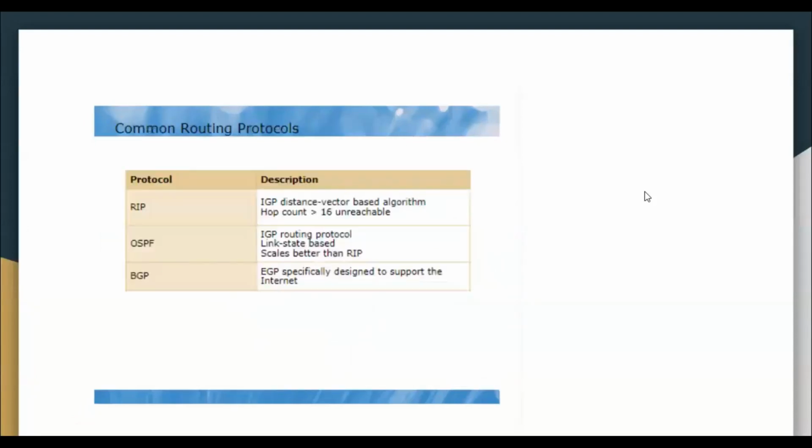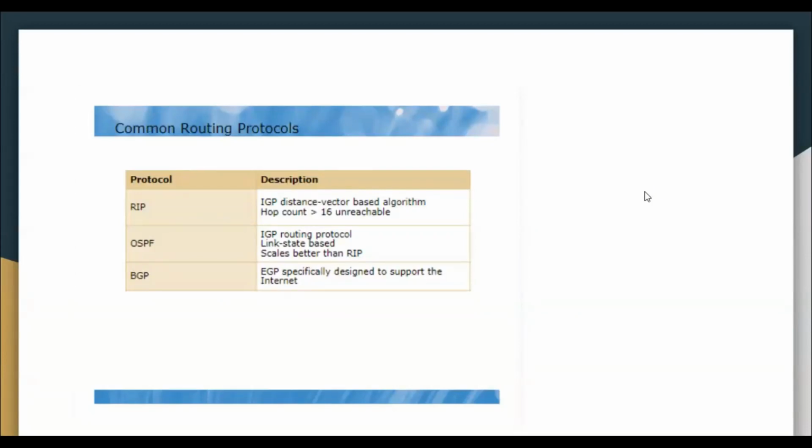The common routing protocols we have are RIP, OSPF, and BGP. RIP, an IGP distance vector-based algorithm, treats a hop count greater than 16 as unreachable. RIP stands for Routing Information Protocol.